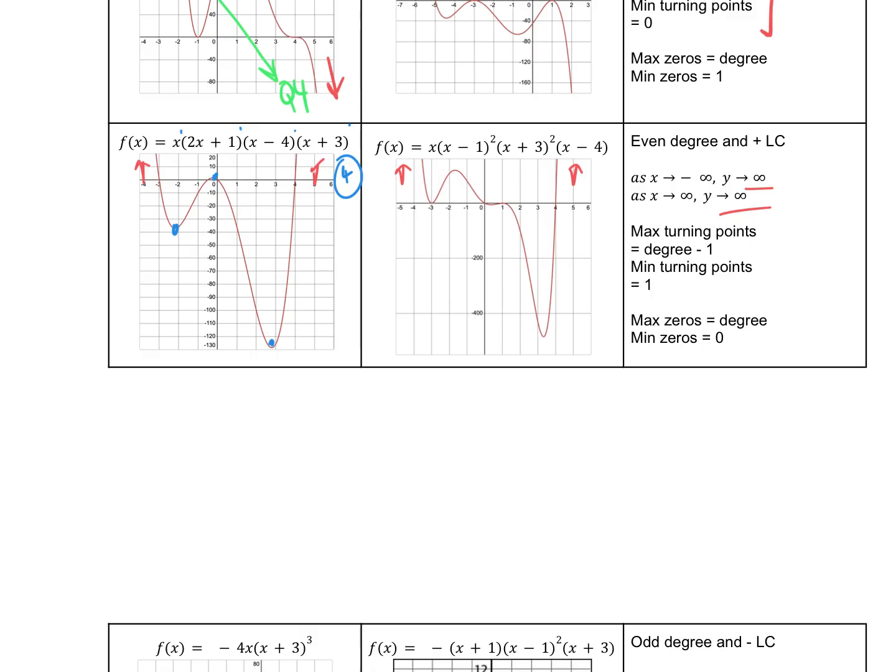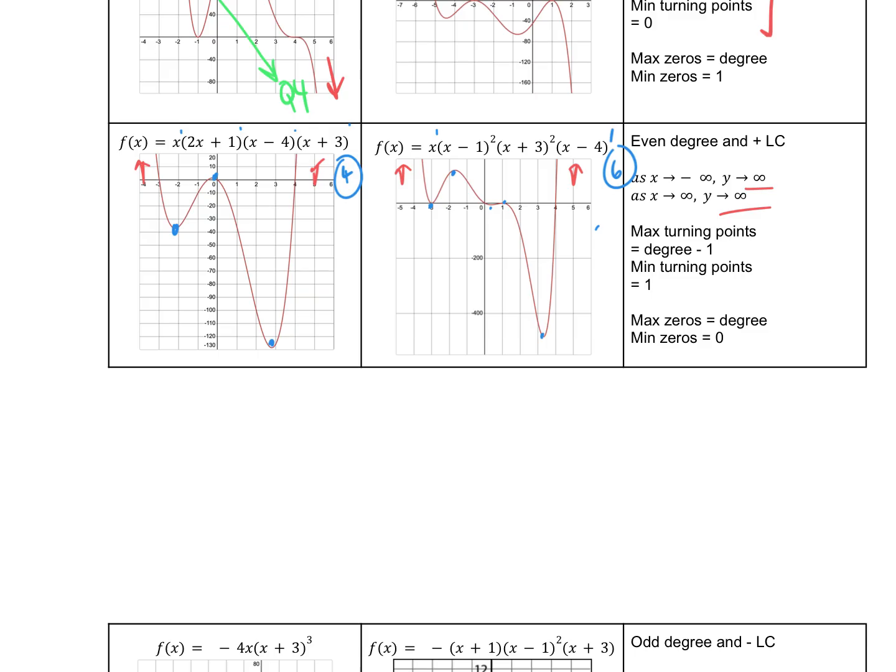So that's 1 less. For the next one, I have 1, 2, 3, 4, 5 turning points, and my degree was 1, 2, 3, 4, 5, 6. So again, same connection. The max number of turning points is the degree minus 1.